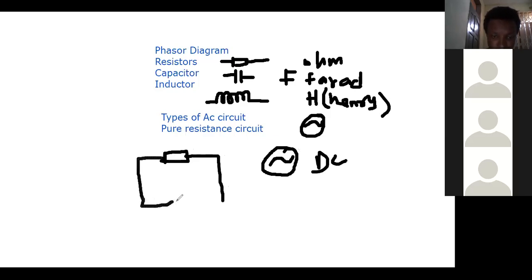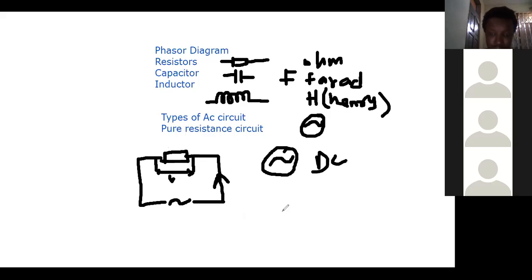And maybe here can be the voltage across the AC. So we are seeing at the phase diagram, the current and the voltage are in phase. That means they are in the same plane. And so that is how it looks.